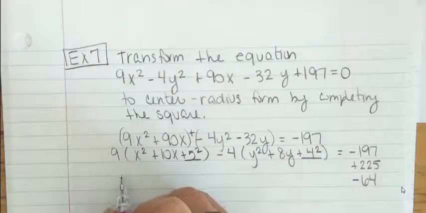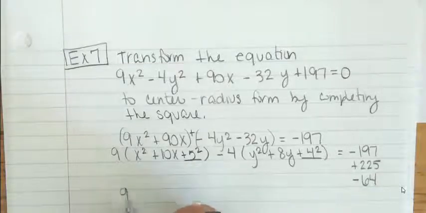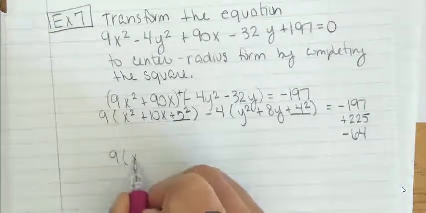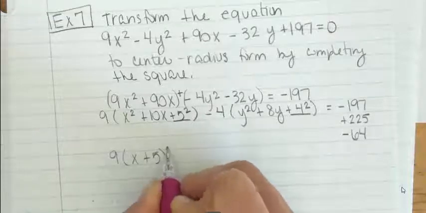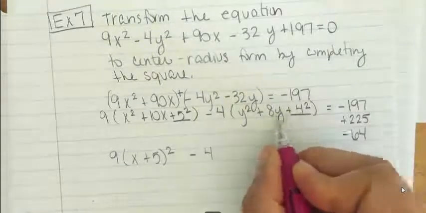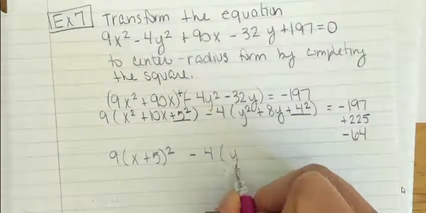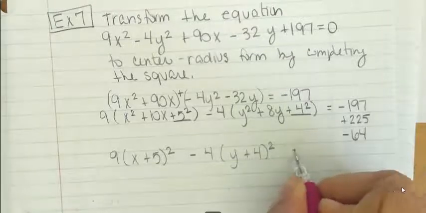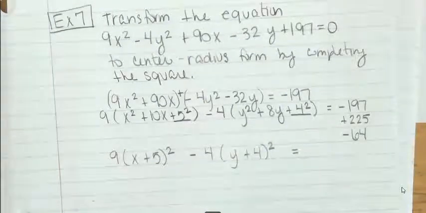So this is really going to be 9 times x plus 5, quantity squared, minus 4 times y plus 4 squared, equals, and when you combine all these things, you should get negative 36.